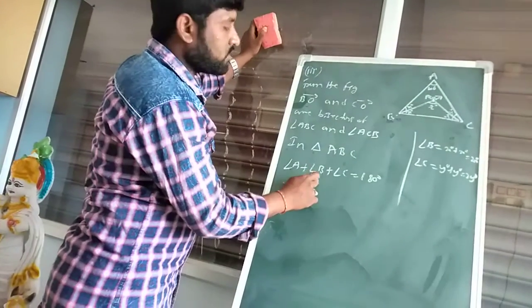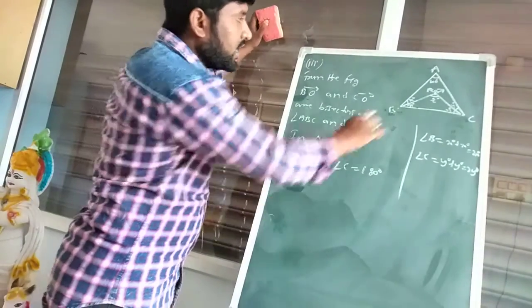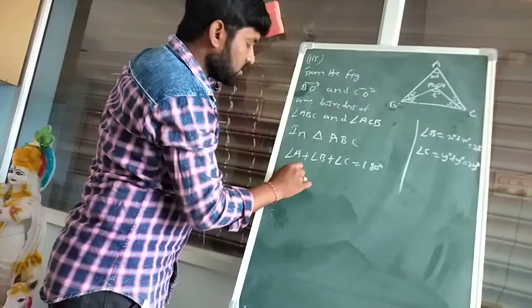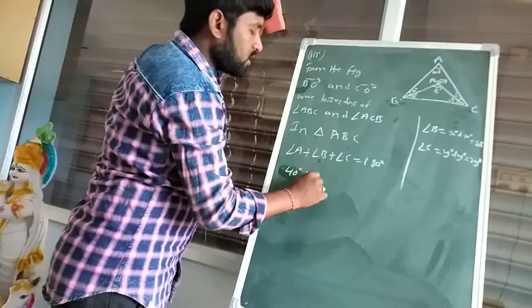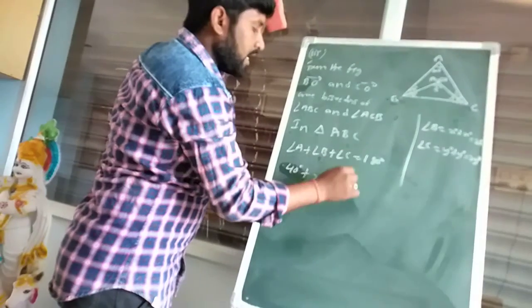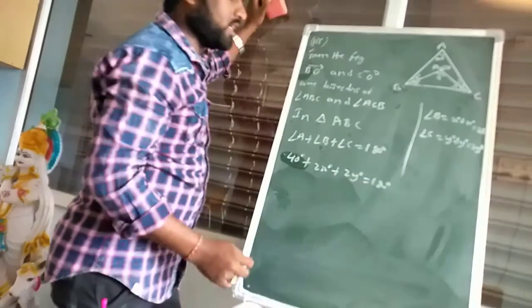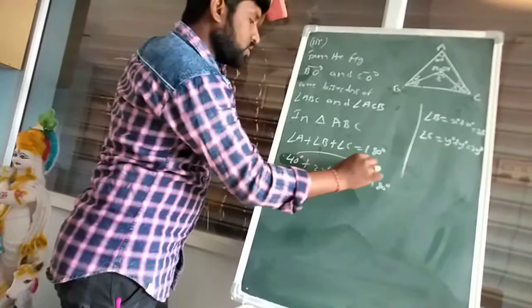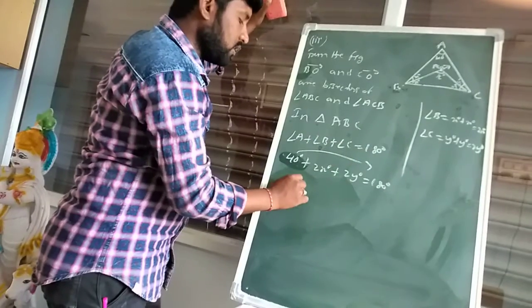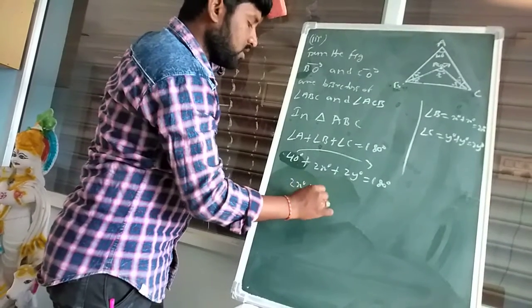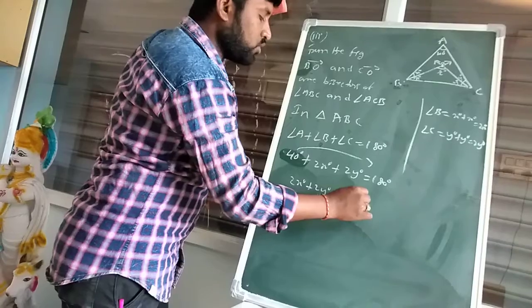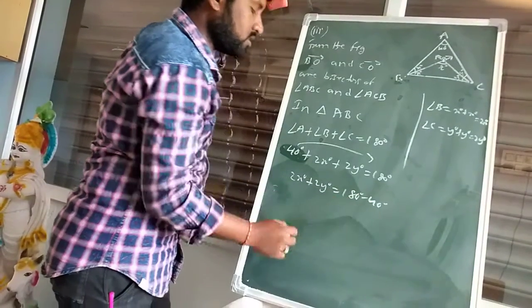So angle A is 40 degrees, plus angle B, that is 2x degrees, plus angle C, that is 2y degrees, is equal to 180 degrees. Now transposing 40 to the RHS, 2x plus 2y degrees is equal to 180 minus 40 degrees.